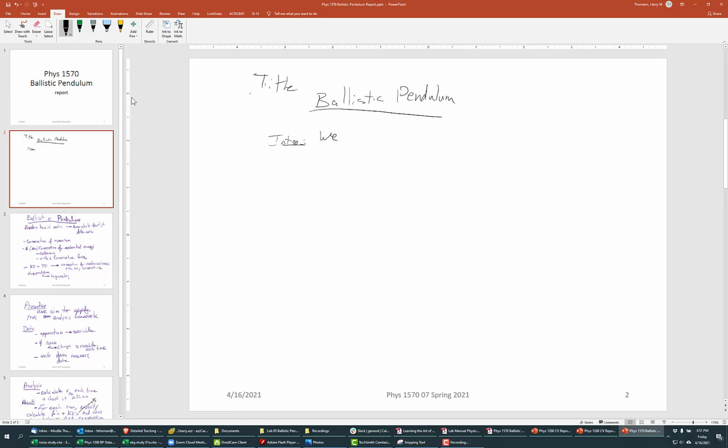Okay, so we report on a device called a ballistic pendulum.